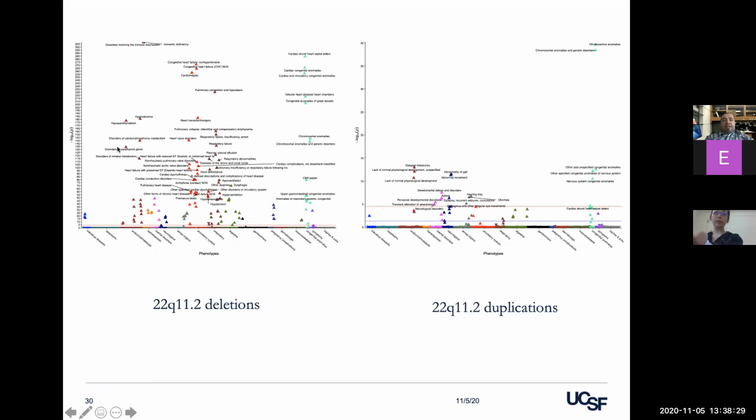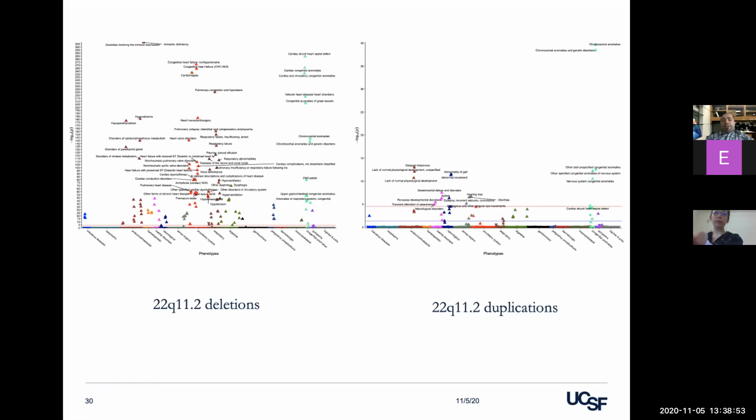But also disorders of the parathyroid gland, hypoparathyroidism, that have not been described before. For 22q duplications, not a huge amount of traits. We have hearing-related traits which have been known, developmental delays, delayed milestones.